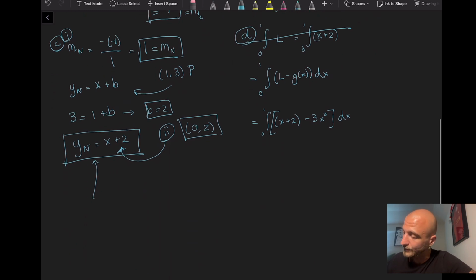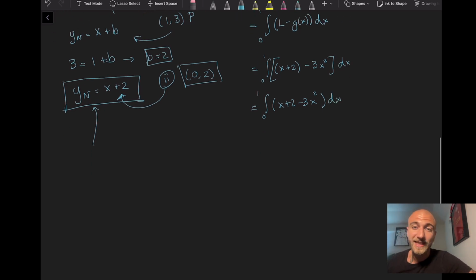So let's simplify this a little bit. I can rewrite this integral from 0 to 1. I can get rid of a bunch of these parentheses. This is just x plus 2 minus 3x squared dx. And to do this integral, all we do is we take the integral of each individual term. So we can integrate x, 2, and 3x squared, and evaluate the whole thing from 0 to 1. So I'm going to put the whole thing in square brackets. The integral of x is x squared over 2.